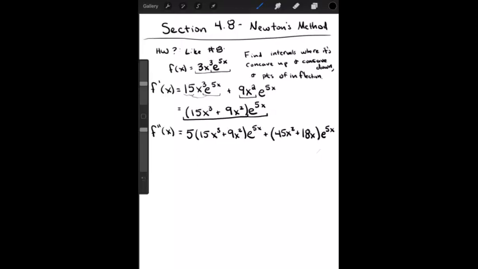And what do I want to do with this second derivative? What am I going to need to be looking for to find where it's concave up, concave down, and points of inflection?